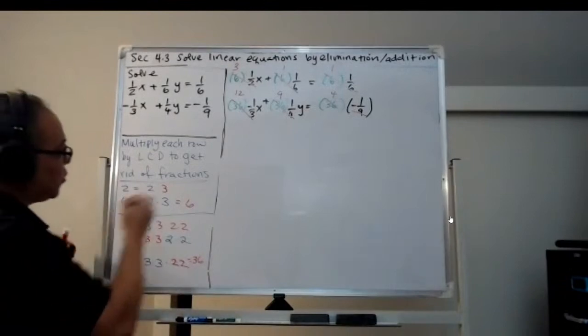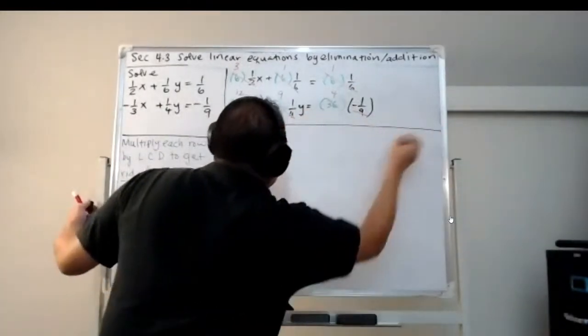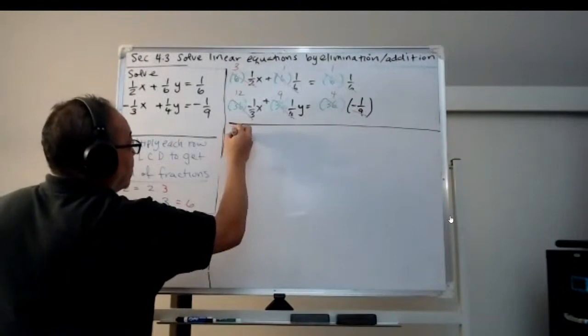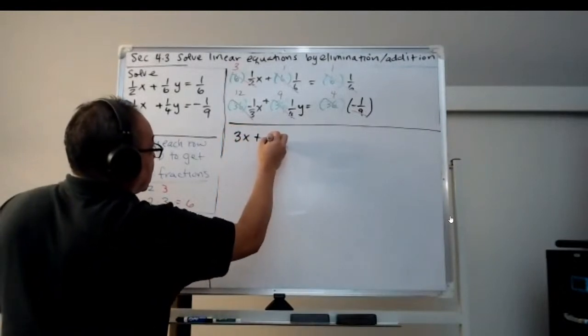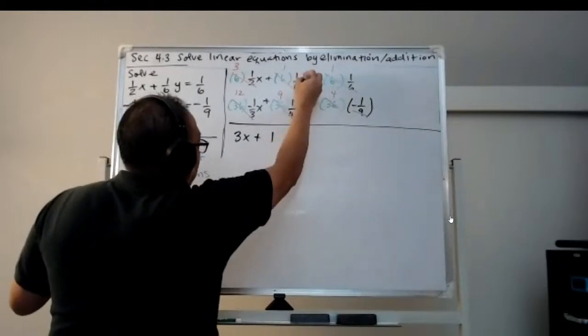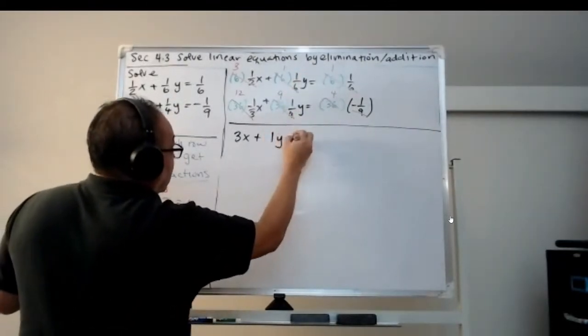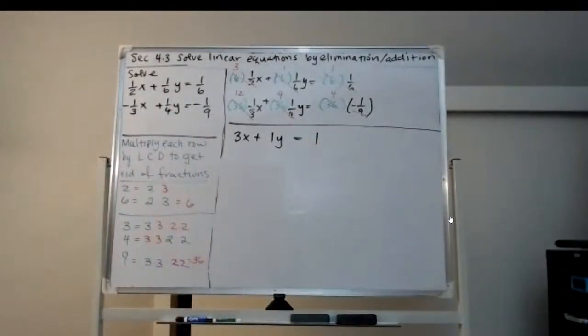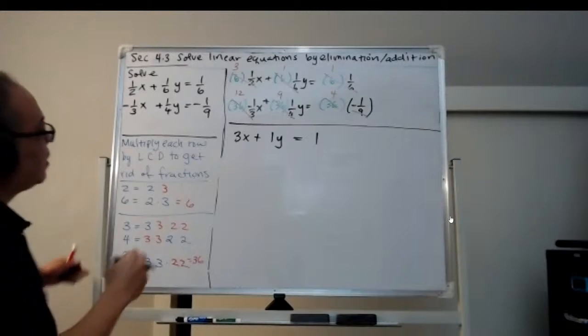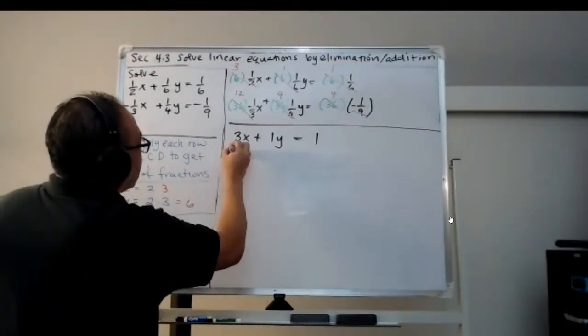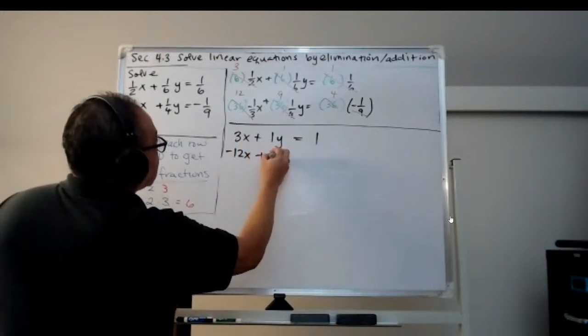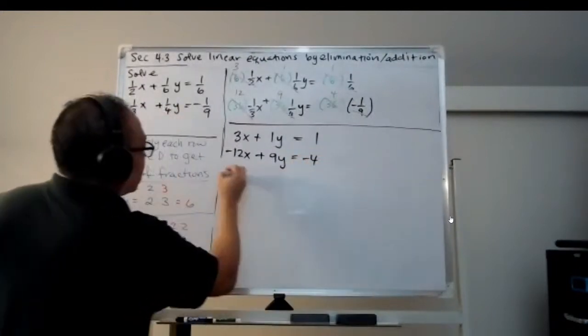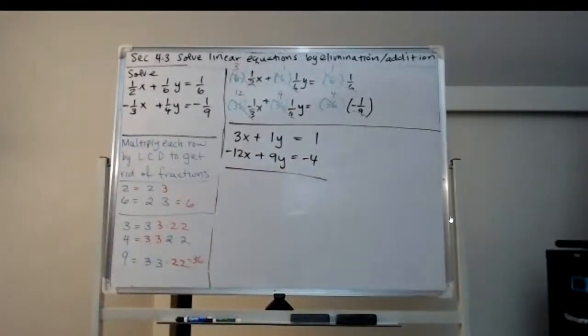So now I end up with 3x plus 1y is equal to 1. And negative 12x plus 9y is equal to negative 4. Let me make sure I did that right. Negative 12, 9, negative 4. Yeah, that's great.